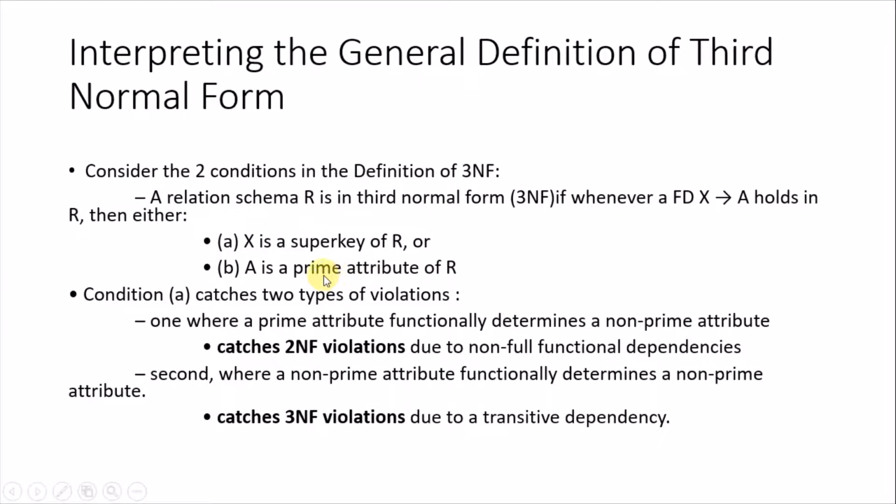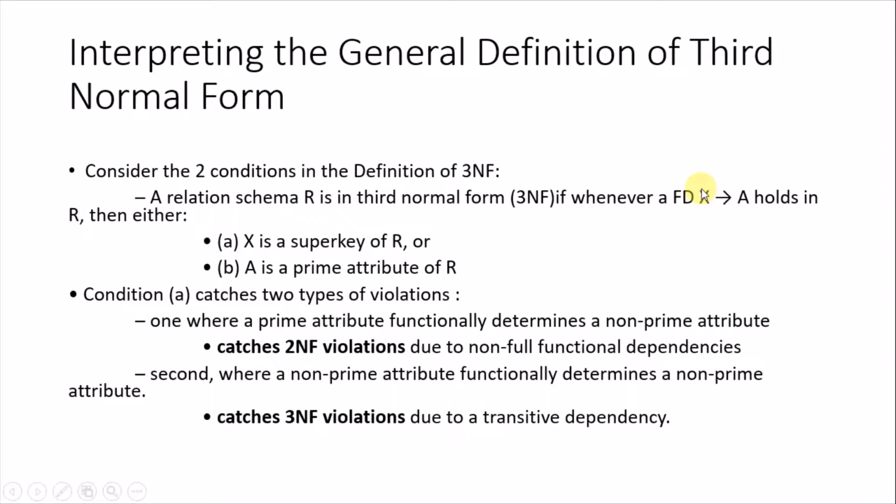And the second thing is where a non-prime attribute functionally determines a non-prime attribute. That catches 3NF violations due to transitive dependency. We cannot have a non-prime attribute functionally determining a non-prime attribute.